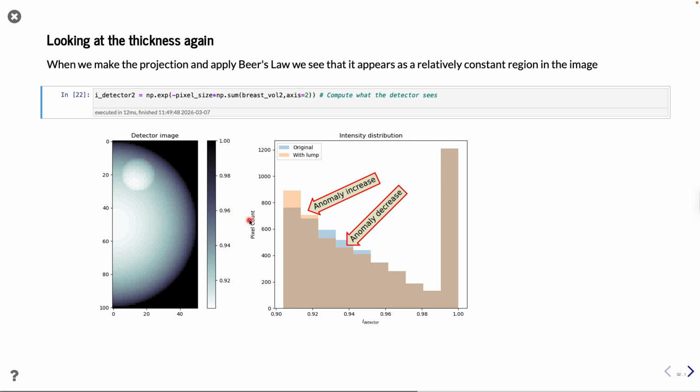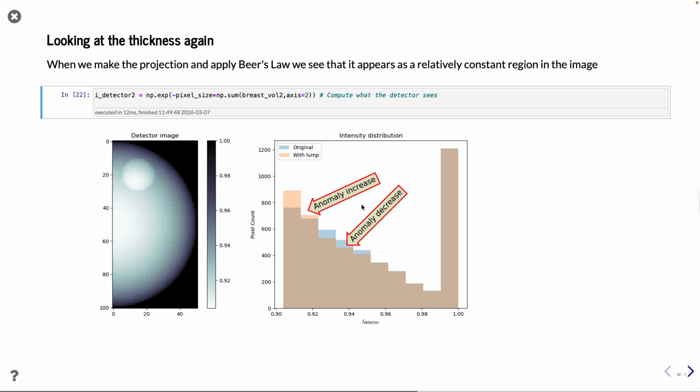And looking at the histogram, originally it was this straight line staircase, but with the lump, we now have a redistribution of the gray levels in the histogram. And as this is denser, we have more material at the low transmission part, and that material is taken from somewhere, so we have a loss in this region instead.